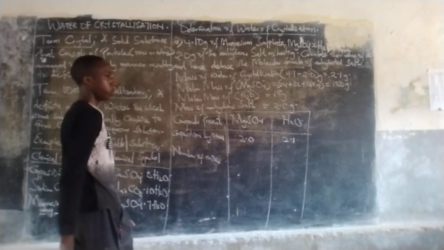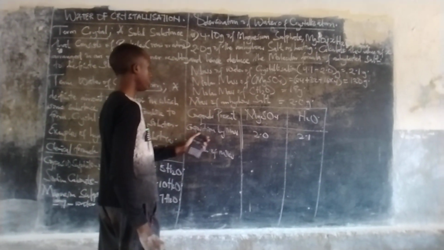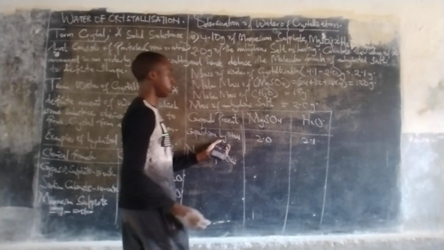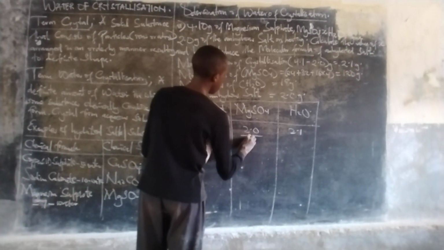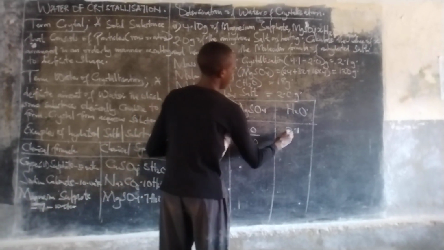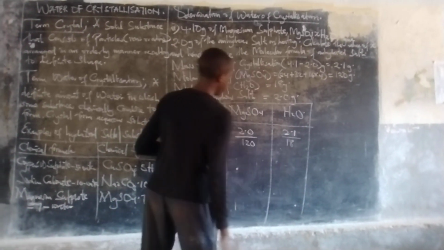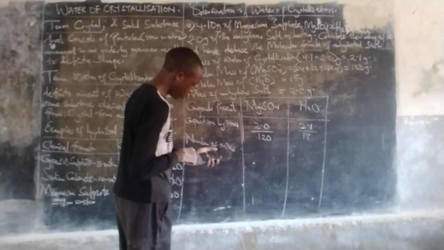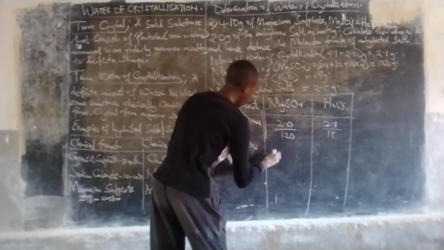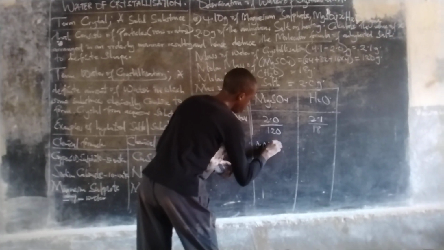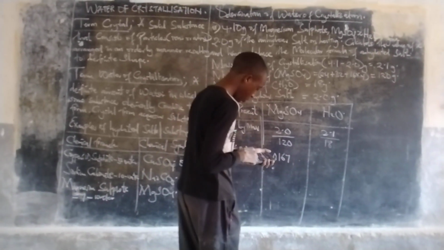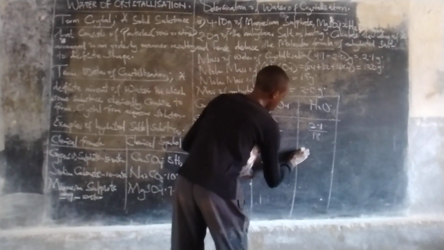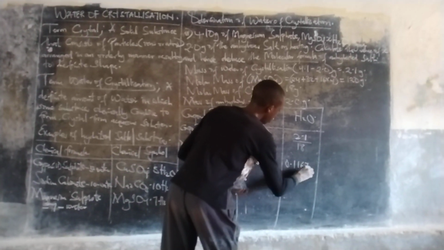To get the number of moles, we just divide the composition by mass, each with its relative molecular mass. So you have this as 120, and that of water 18. So 2.0 divided by 120, we are acquiring 0.016. We get 2.1 divided by 18, we are acquiring 0.1167.